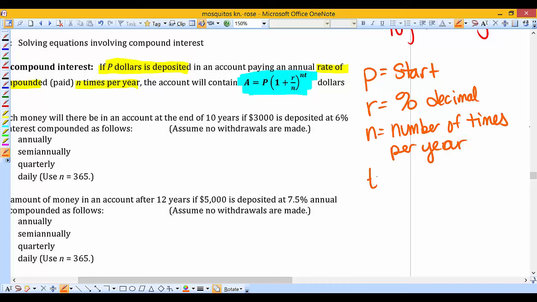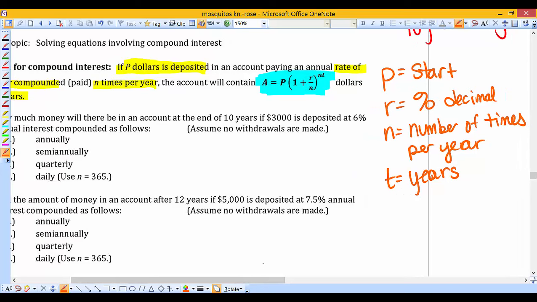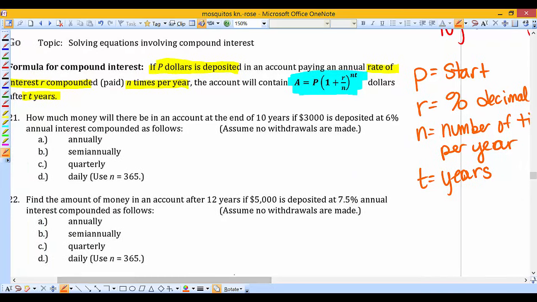And then T is the years. So make sure you guys are identifying for each one of these. You have to do it 4 different times. You're going to use this equation a total of 8 times.